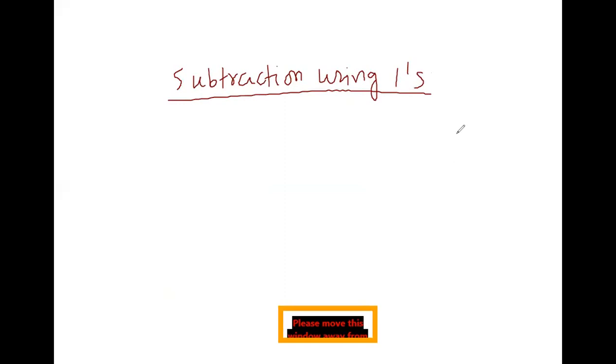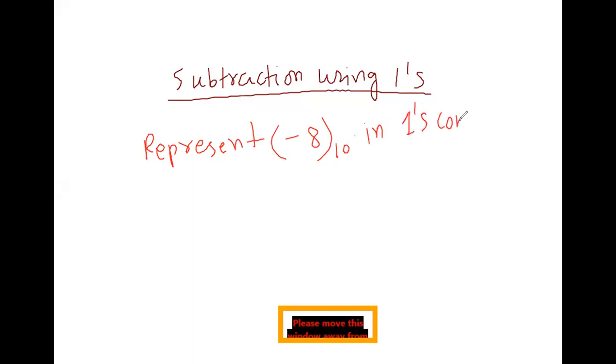See, in the question plus 8 won't be given. In the question minus 8 will be given. Plus 8 won't be given in your question. Your question will be like this: represent minus 8 in 1's complement form.